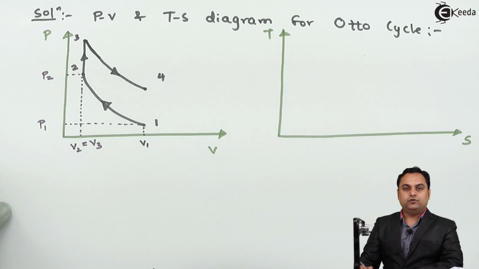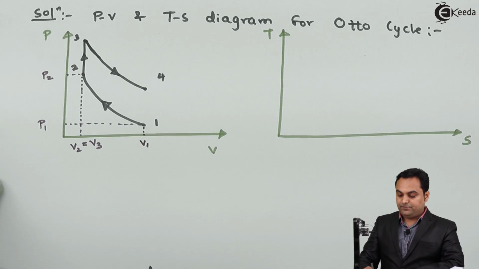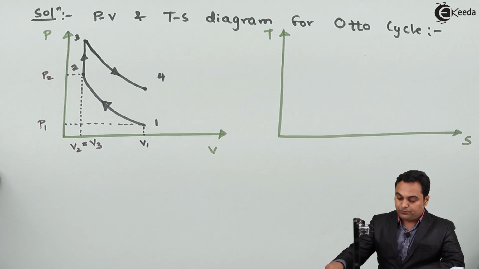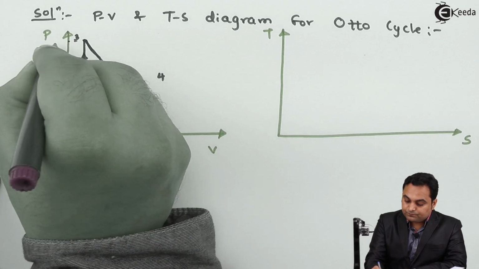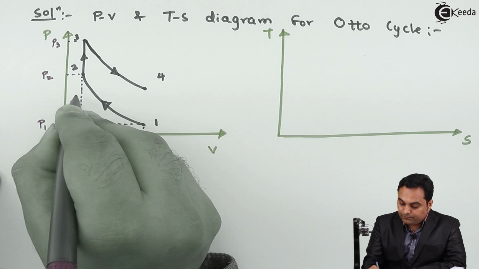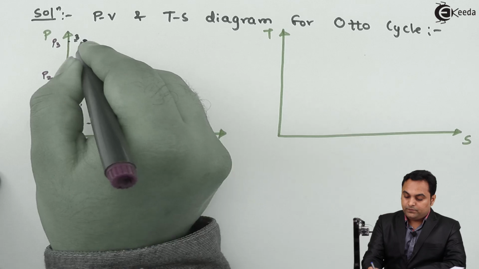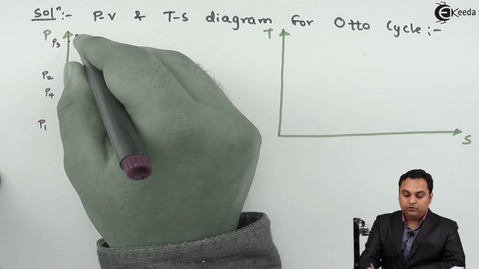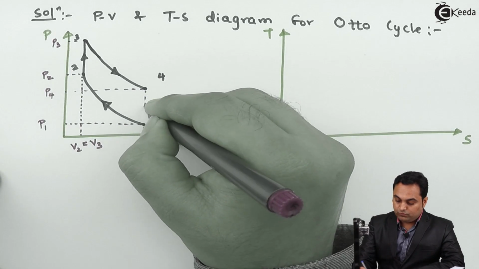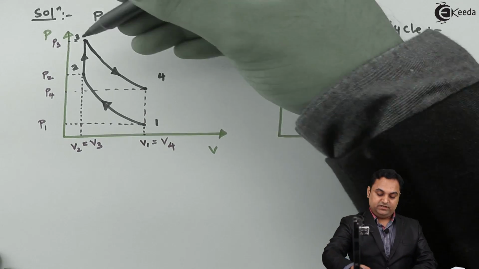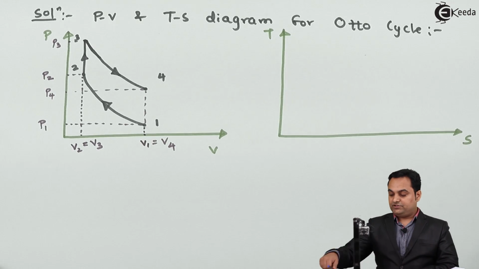So process 3 to 4 is reversible adiabatic or isentropic expansion, wherein the pressure drops from point 3 to point 4, but there is increase in volume from V3 up to V4. V1 is equal to V4. So this is the reversible adiabatic or isentropic expansion.